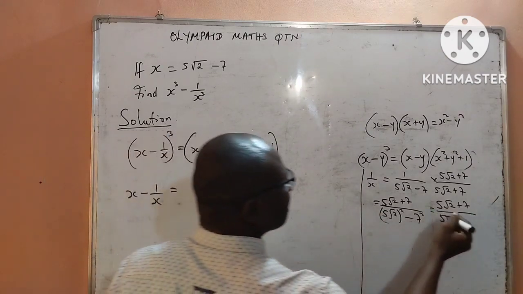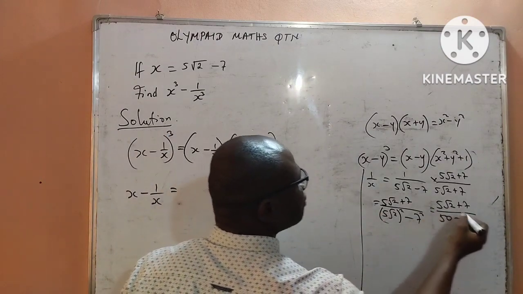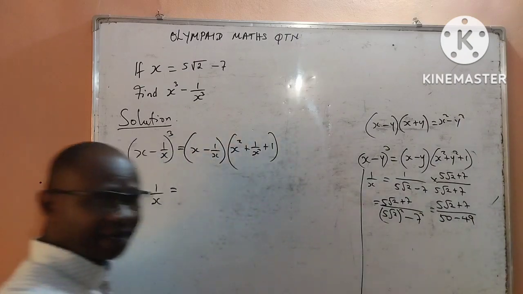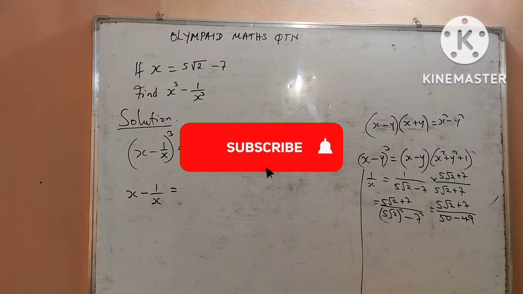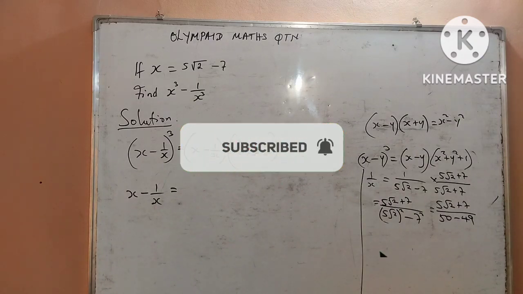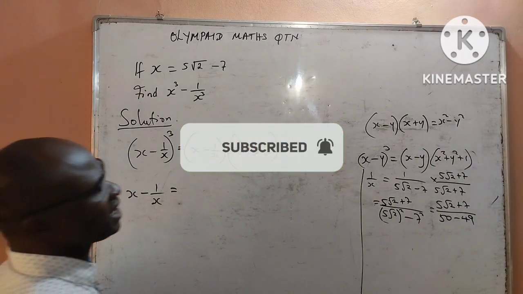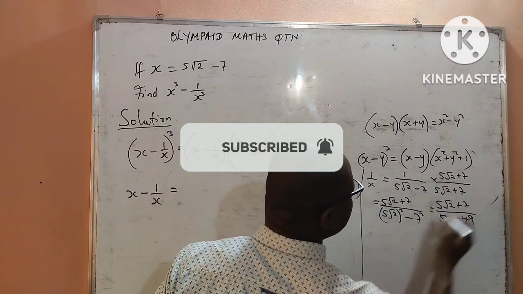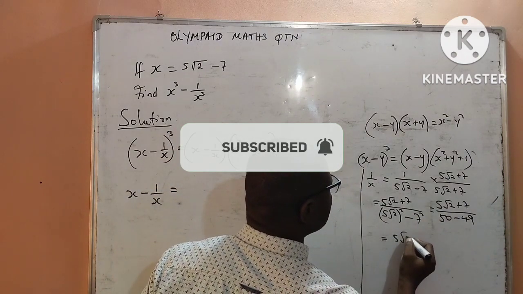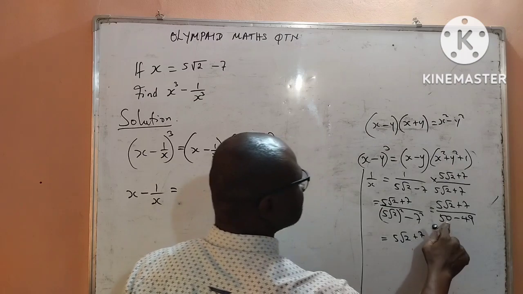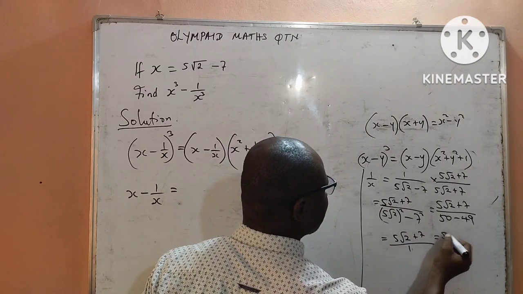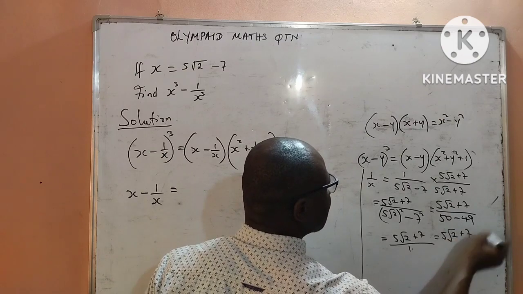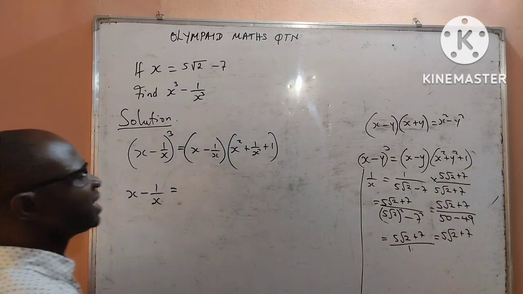And of course you can see that 7 squared is 49. When that is evaluated, we shall have 5 root 2 plus 7 over 50 minus 49, which gives us 1, which is invariably 5 root 2 plus 7. That is what we shall have.